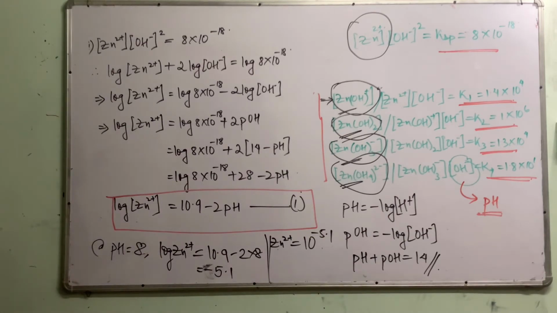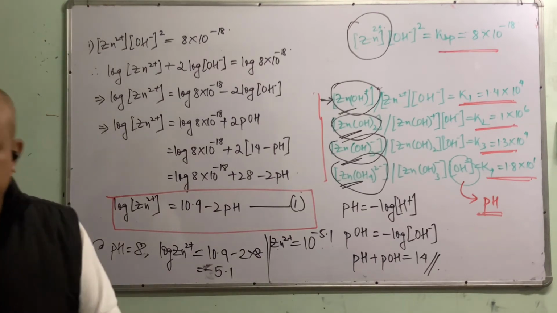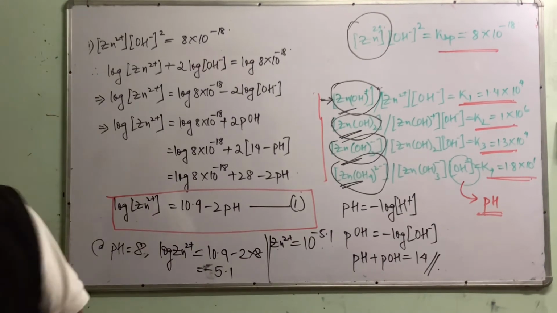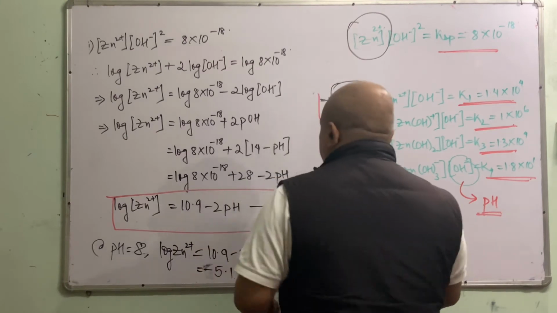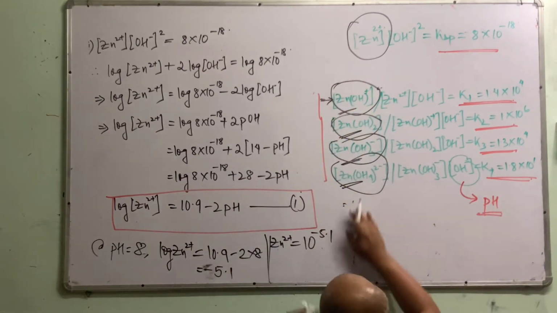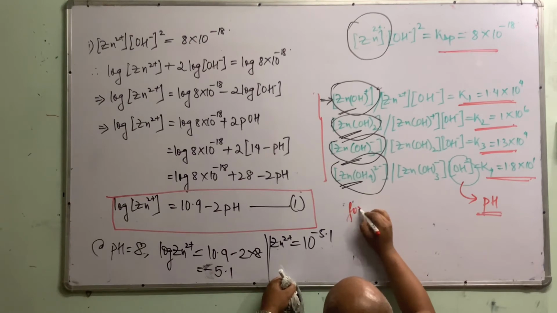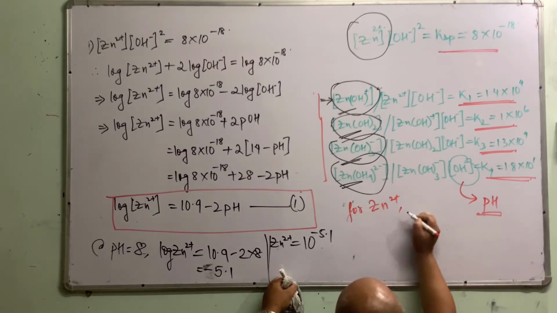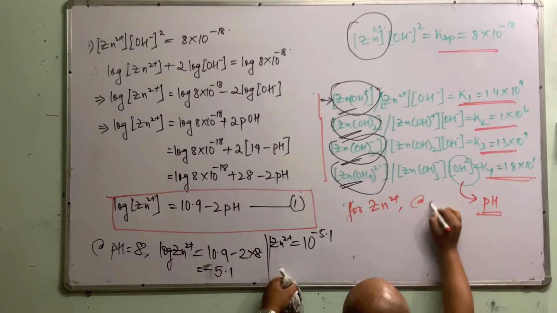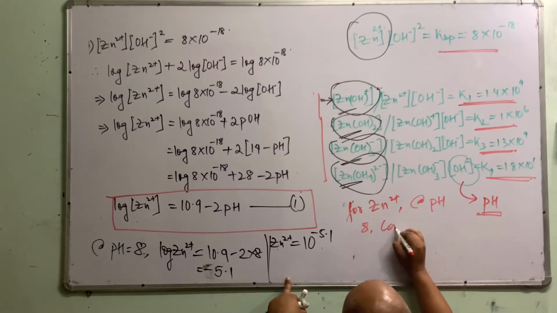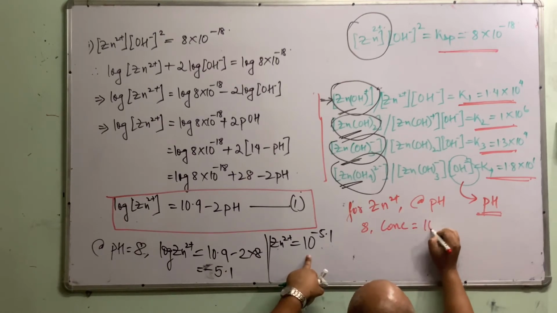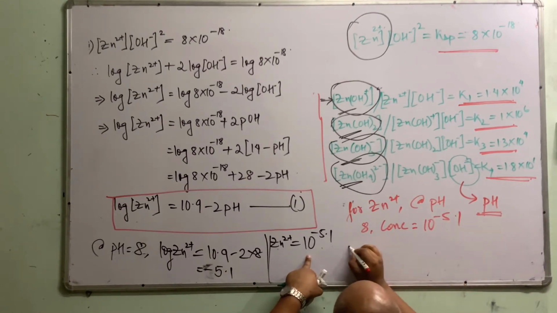If the concentration is more than 10 to the minus 5.1, it will become insoluble. Is it okay? So let me write over here. So for Zn2+ at pH 8, concentration is equal to 10 to the minus 5.1.